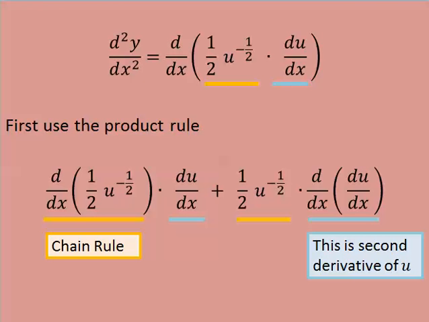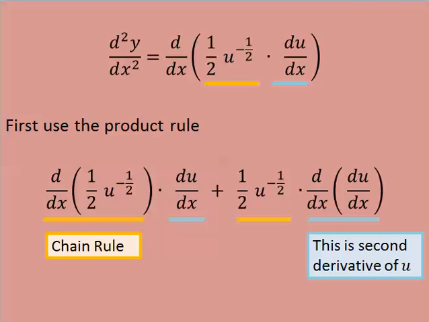I have the derivative of the first times the second plus the first times the derivative of the second. Alright, so I have two terms, and each term is a product of two things. I'm not going to call them factors because there's lots of factors. That's sort of the problem.